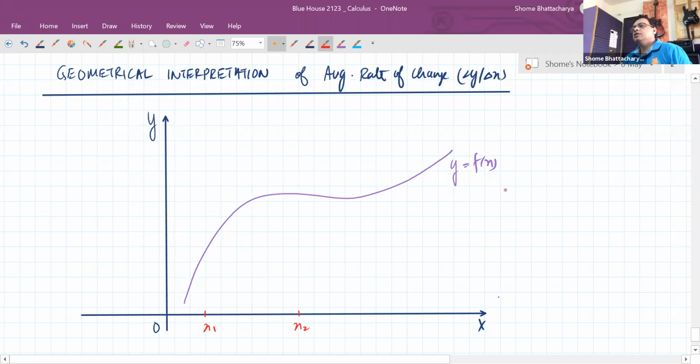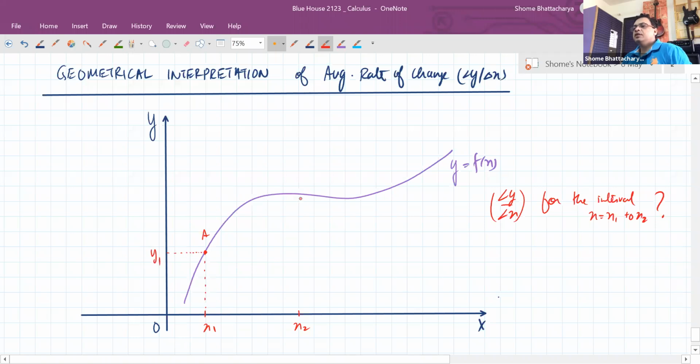So we want to find the average rate of change delta y by delta x for the interval x equal to x1 to x equal to x2. Graphically, this point here, let's say A, is the point on the graph which has an x coordinate of x1, so its y coordinate is y1.